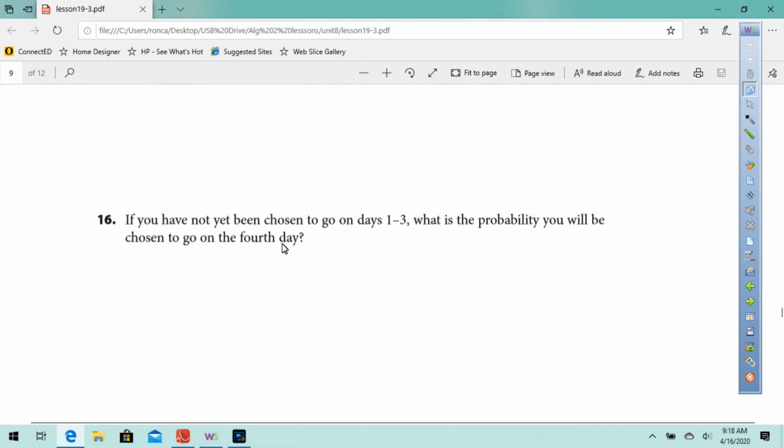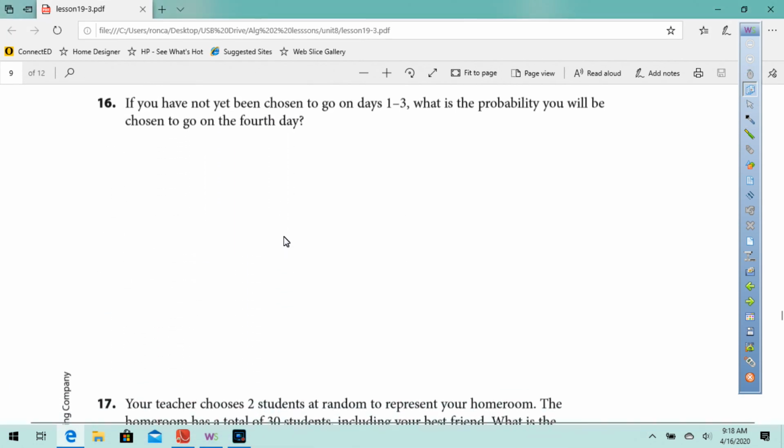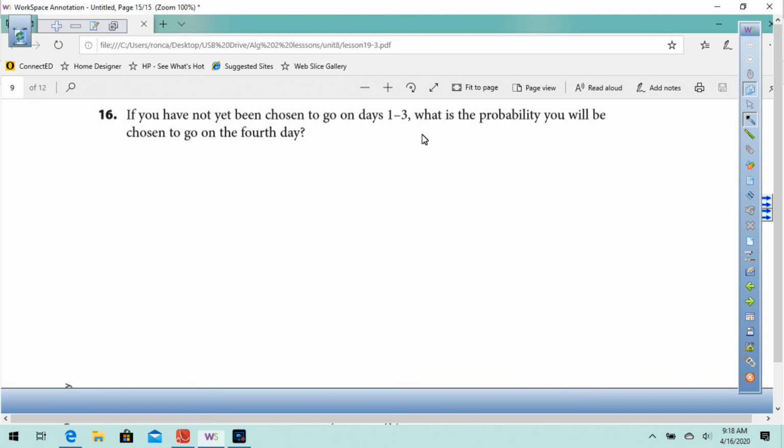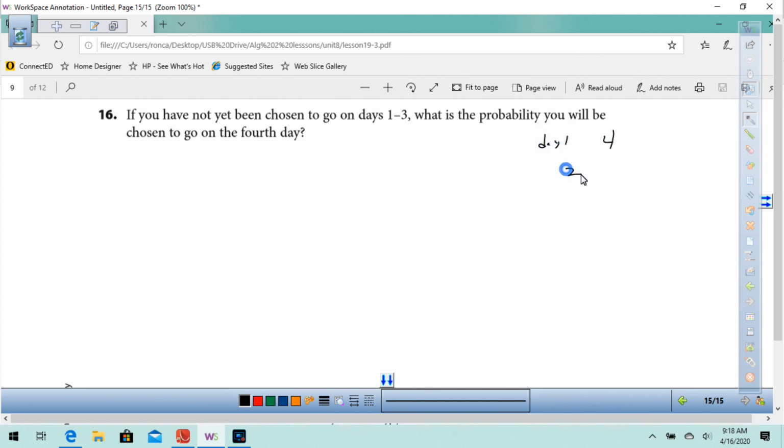16. If you have not been chosen to go on days 1 through 3, what is the probability you will be chosen to go on the 4th day? So 4 went on the first day, 4 went on day 2, and 4 went on day 3.